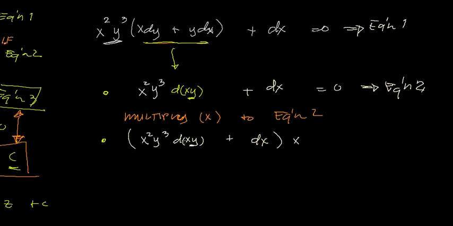So we have x cubed y cubed d(xy), which we can write as (xy) raised to 3, or (xy) cubed, times d(xy), plus x dx.